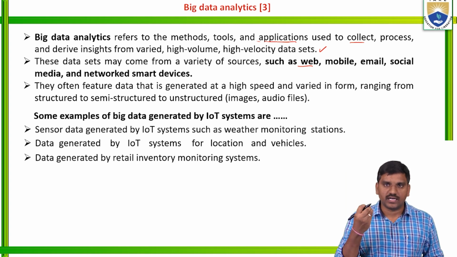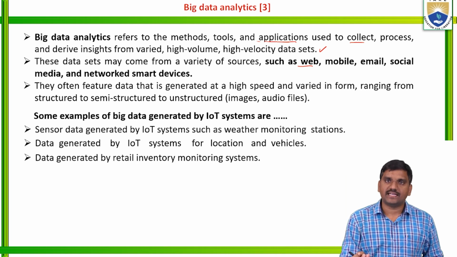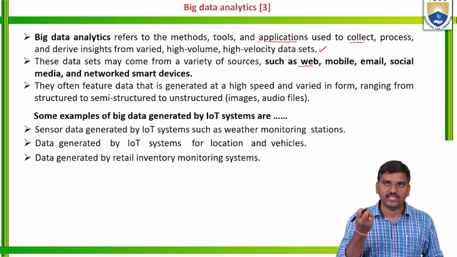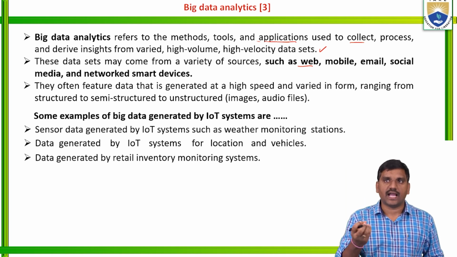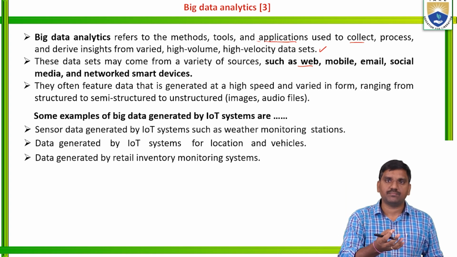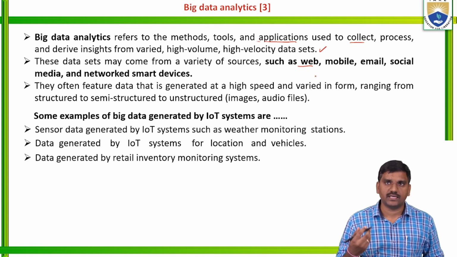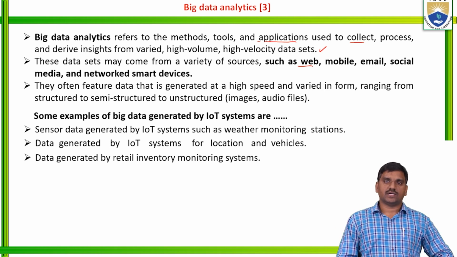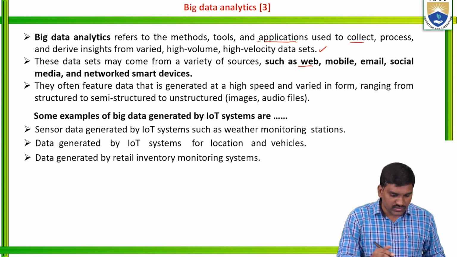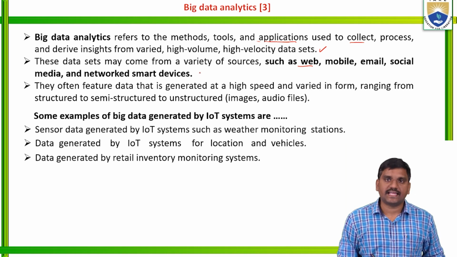It refers to methods, tools and applications used to collect, process and derive insight from varied high volume or high velocity data. This data can come from different sources like web, mobile, email, social media and networked smart devices. These are the first 2 points regarding big data analytics.